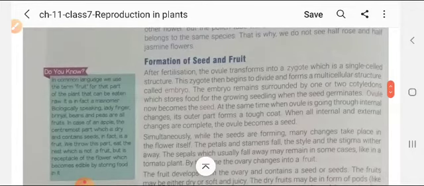At the same time, when the ovule is going through internal changes to form the seed, the outer part forms a tough coating. When all the internal and external changes are complete, the ovule becomes a seed and the ovary transforms into the outer skin or pulp region of the fruit.